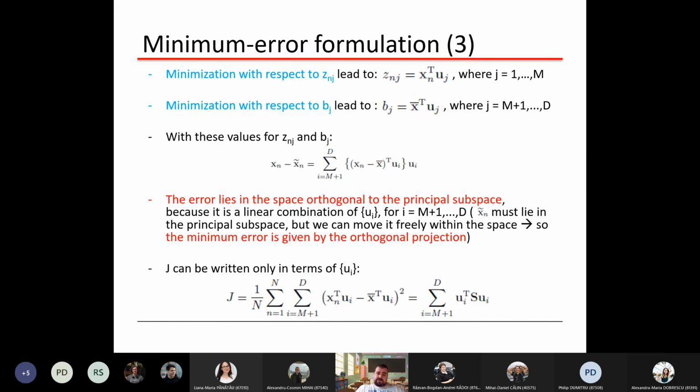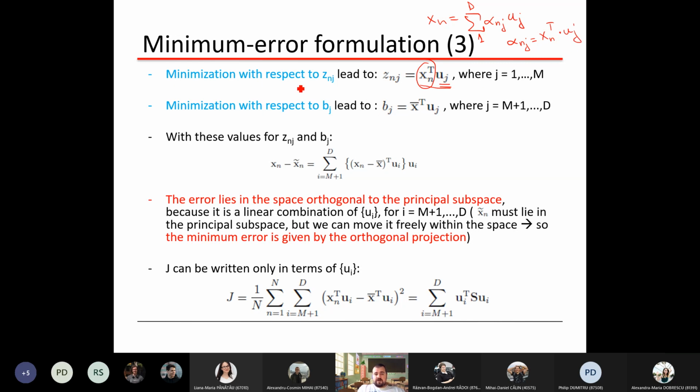When I do the minimization with respect to z_nj, I will get that z_nj equals the projection of the point that I'm interested in on that basis vector. So actually, if you remember from the first representation, if I want to exactly represent xn, I would have a summation from 1 to d of alpha_nj u_j, where alpha_nj was nothing more than xn transposed multiplied with u_j.